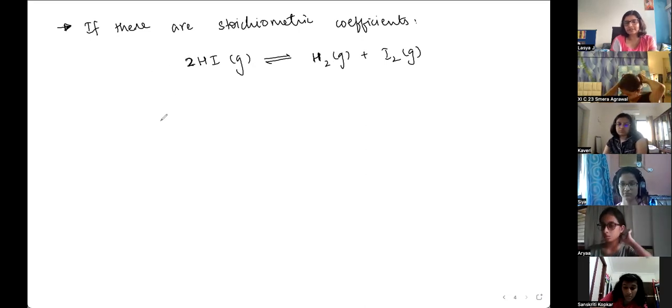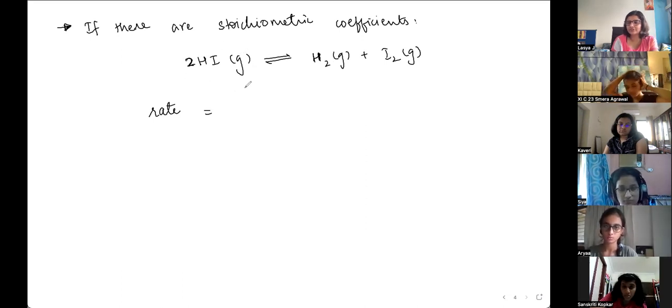So in these cases, the rate equation modifies too. If you're looking at it in terms of disappearance of reactants, because 2 molecules of HI are going in, every time you calculate rate, you calculate it in terms of 1 mole of the reactants. So in this case, if you're calculating it in terms of HI, you need to divide this whole equation by 2.